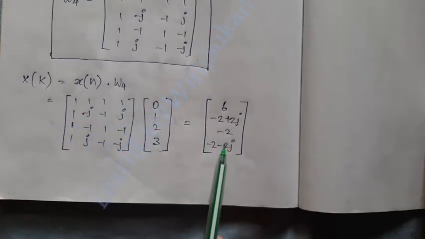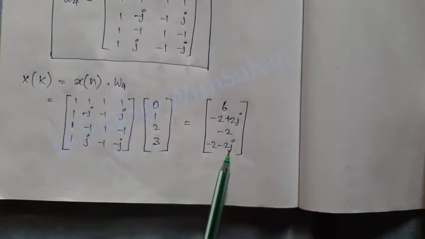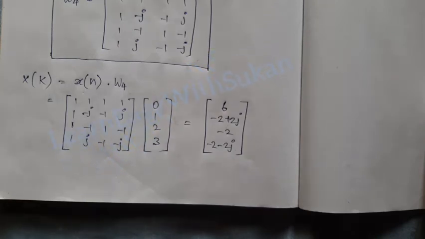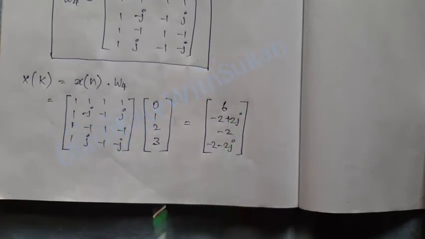We should get the opposite sign of the imaginary term. So here it is plus 2j and here it is minus 2j. For a 4-point DFT, if you have one exact pair, then it is one sure sign that you have solved correctly. But at the same time, you should get these values correctly. Sometimes if this is 4 or 3 or whatever, then that will also go wrong. This is just a confirmation.